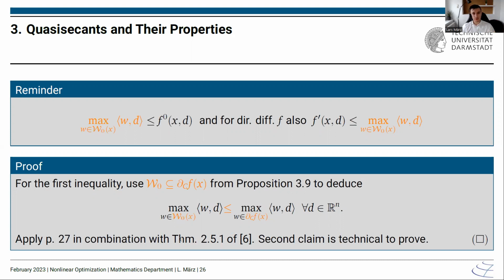So here the theorem shows that our definition coincides with the statement instead of vice versa. So it's just the other way around, but the proof is in this book. And the second claim is also very technical and surpasses the time restrictions of this presentation.